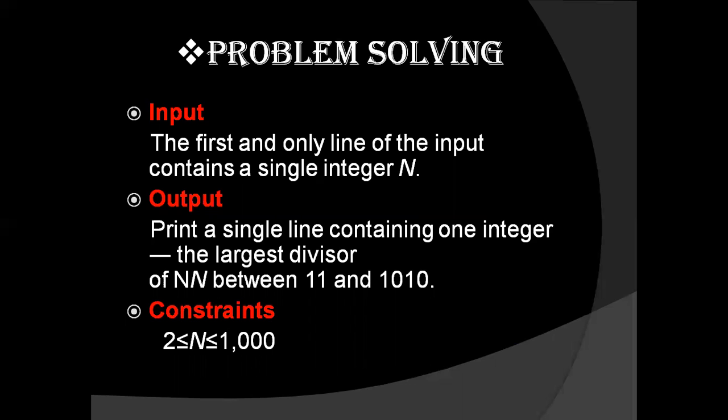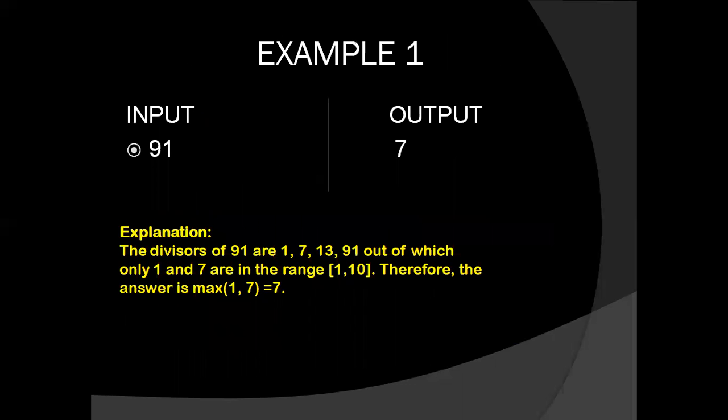So let us get into the problem. For example, if we take the input as 91, in the output we get 7. Let us see how we got this. The divisors of 91 are 1, 7, 13 and 91, out of which only 1 and 7 are in the range of 1 to 10, because 1 and 10 are inclusive.